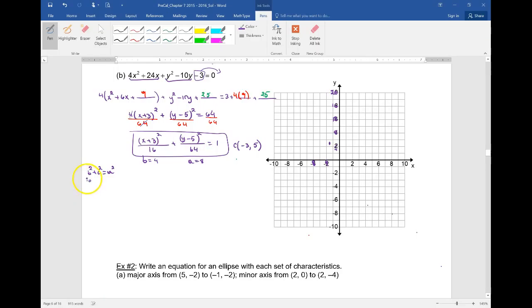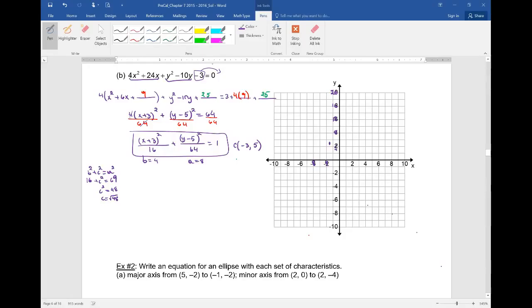It's 16 plus C squared is equal to 64. So C squared is equal to what? 48. So C is root 48. All right?